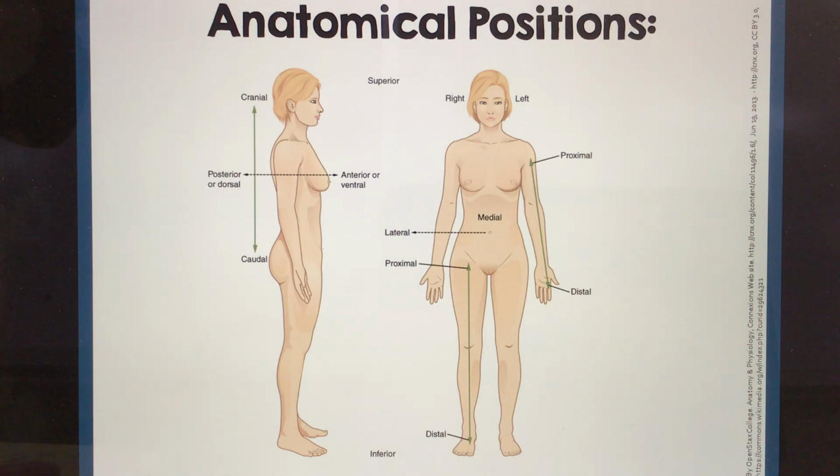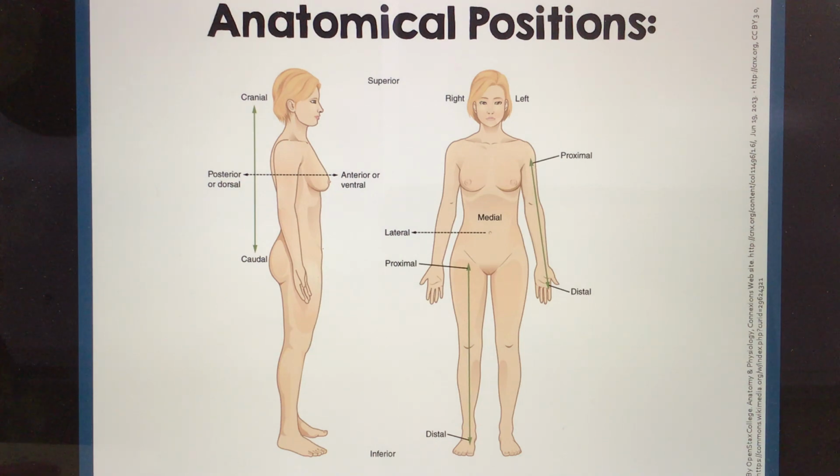When we reference right or left, we're referencing their body, not our view. Does everybody understand that the right side for her is going to be our left side when we're looking at it? That's why it seems a little bit opposite, but right side is their view.